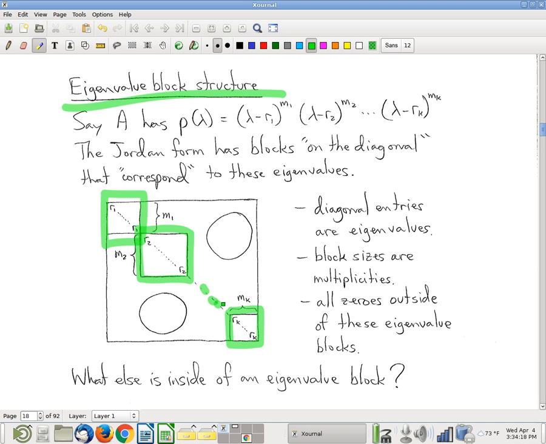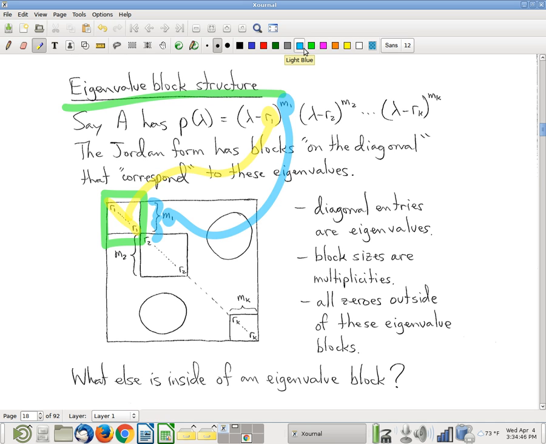We call them eigenvalue blocks because they have so much to do with eigenvalues. This shared diagonal entry is the eigenvalue corresponding to that block, and the dimension is the multiplicity. So there's a tremendous amount that eigenvalue blocks have to do with eigenvalues.